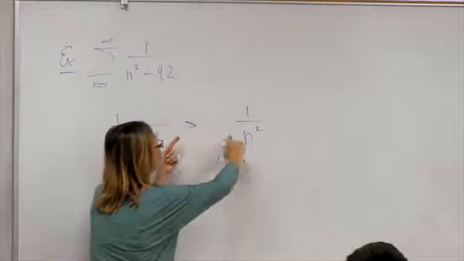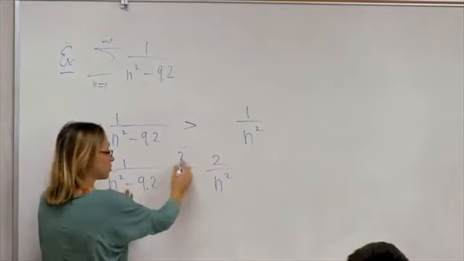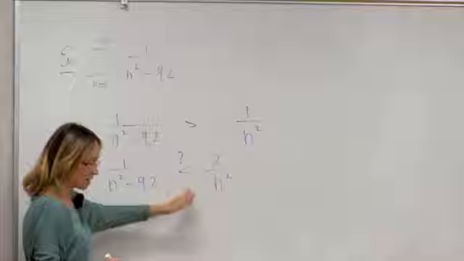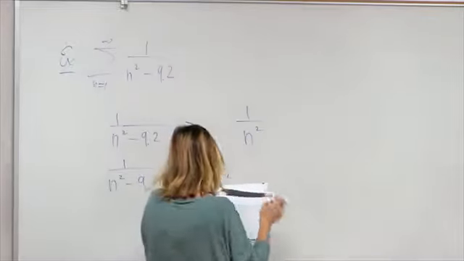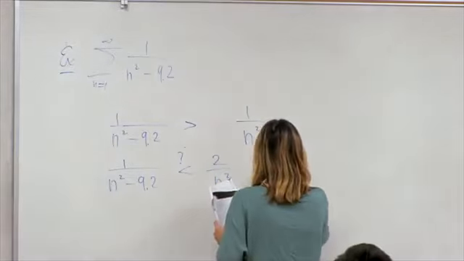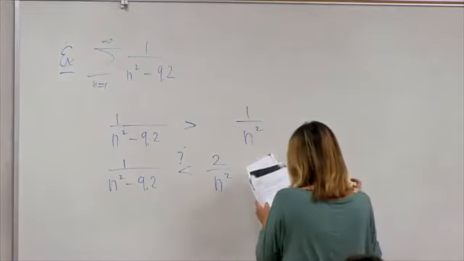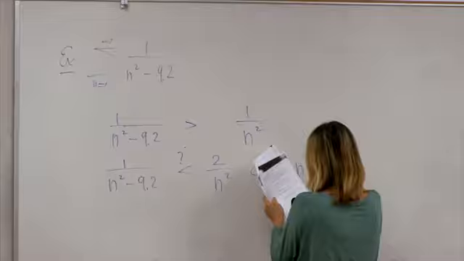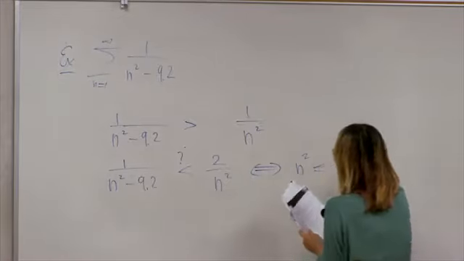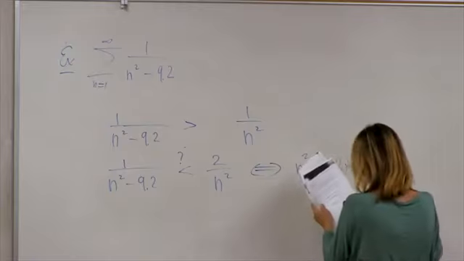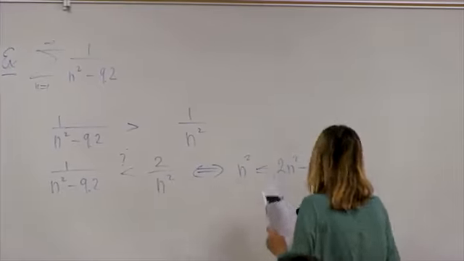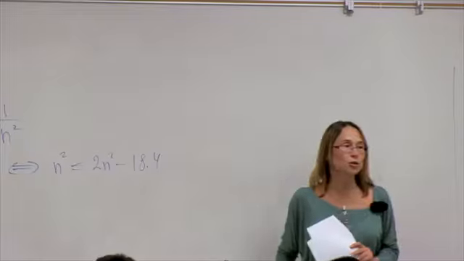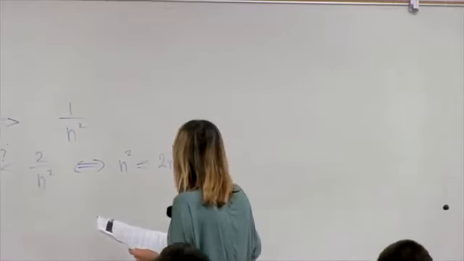But unfortunately, we cannot use the comparison in this way, so we're going to use a trick. We multiply this sequence by 2 and see for what values of n this holds, because this is the inequality that I want. So let's multiply through by the denominator. I have n squared is less than or equal to 2n squared minus 18.4. I brought it to the common denominator and ignored the denominator, assuming that it's positive.